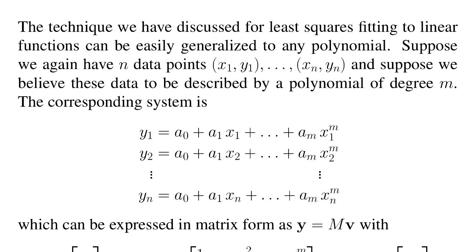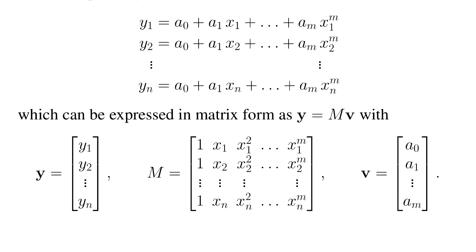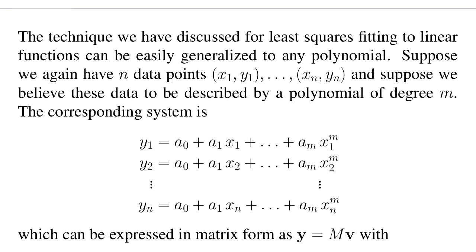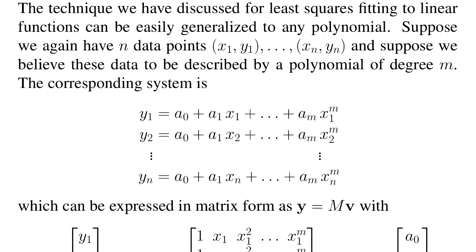So you can generalize the heck out of this. One way you can start generalizing this is to say, all right, I don't think my data is well described by a line. Maybe it's well described by a quadratic or a cubic or a quartic or any polynomial that you like. Then you just play a slightly more complicated game.